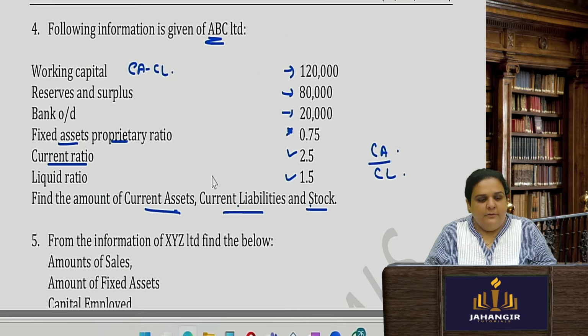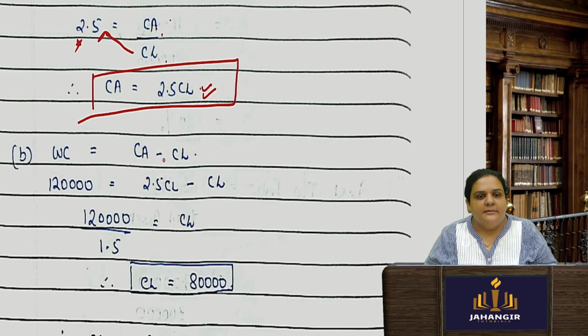Next, they have given me working capital is 1,20,000. Working capital is nothing but current assets minus current liabilities. 1,20,000. Instead of current assets, I am writing 2.5 of current liability from this equation. Minus again current liability. 2.5 current liability minus 1 current liability will be 1.5. Take that 1.5 in the denominator on the other side. So 1,20,000 divided by 1.5 will give me my current liabilities, which is going to be 80,000.